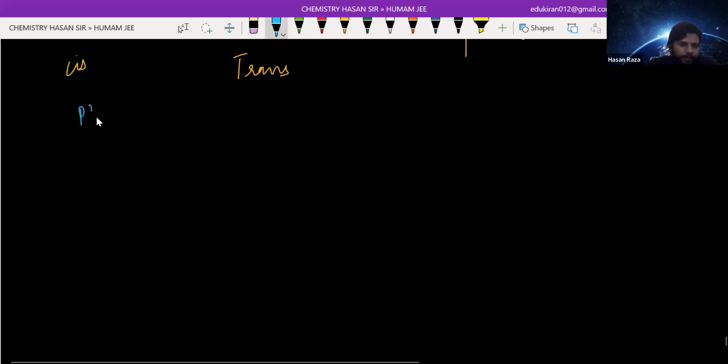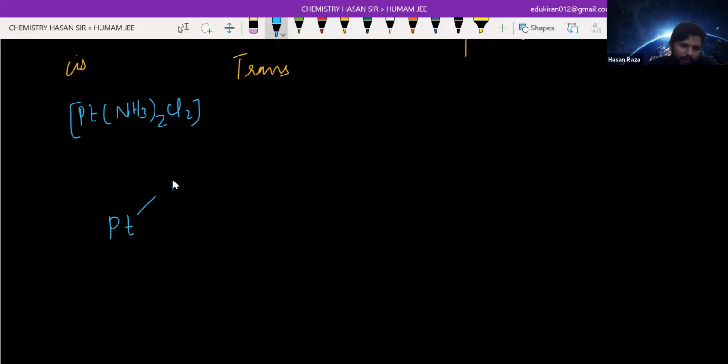I'm going to give you a complex example of this. That is Pt(NH3)2Cl2. We can write NH3, NH3, and here Cl and Cl. This is cisplatin, and it is used in cancer therapy.